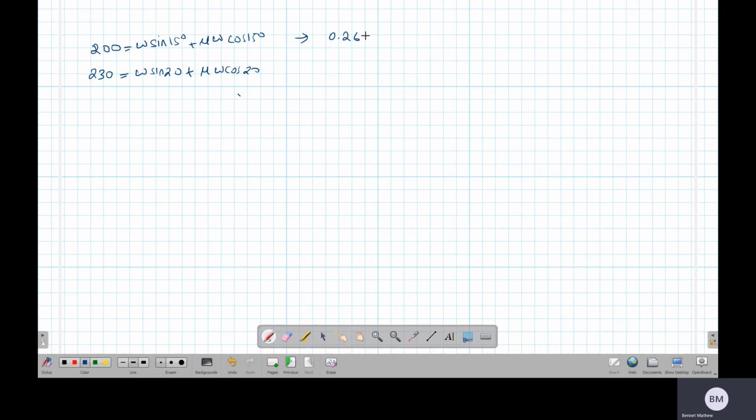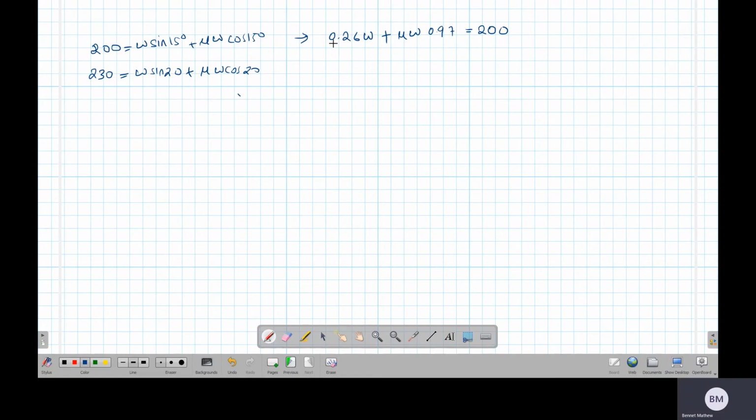0.26 W plus mu times W into cos 15 into 0.97 equal to 200. Okay, so this equation is sin 20. What is sin 20?